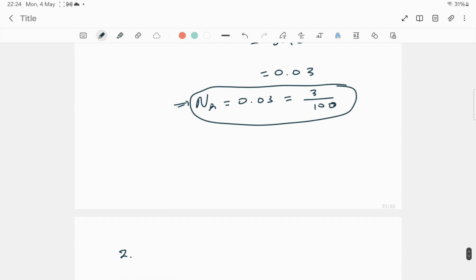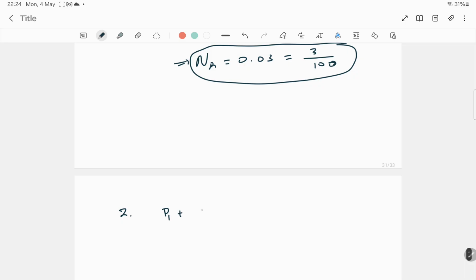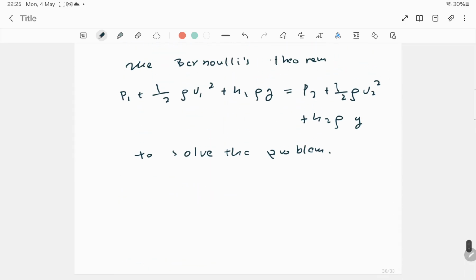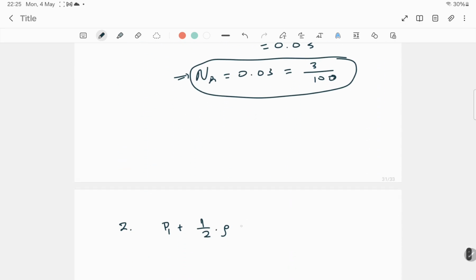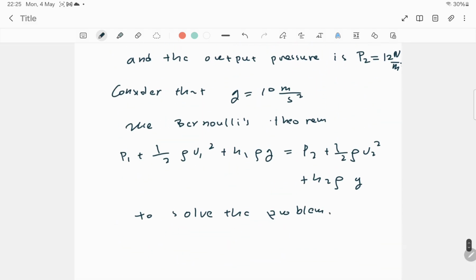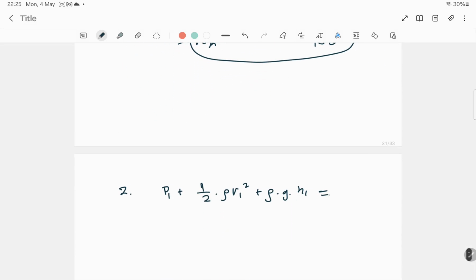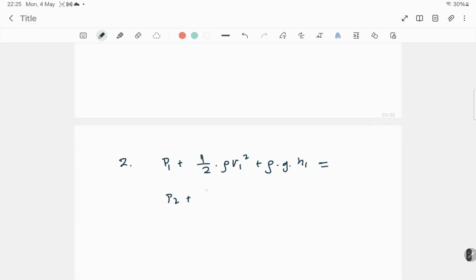We have P1 plus a half times rho times V1 squared plus rho times G times H1 equals P2 plus a half times rho V2 squared plus rho times G times H2.